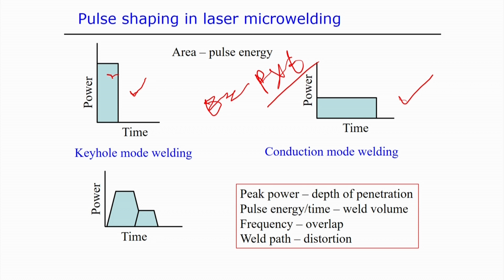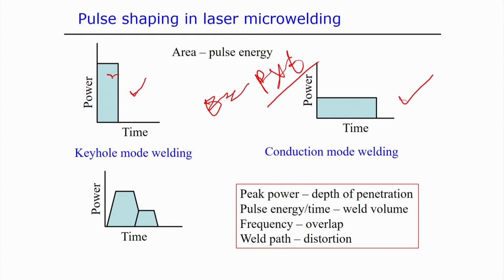This type of pulse is suitable for the conduction mode welding process, because in conduction mode welding the peak temperature is relatively less and the power density we control is relatively low, so that it may not vaporize the substrate material.